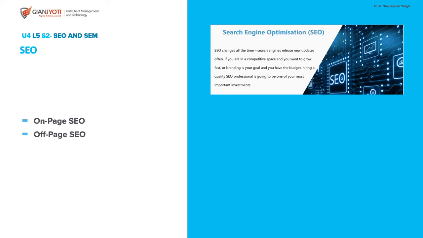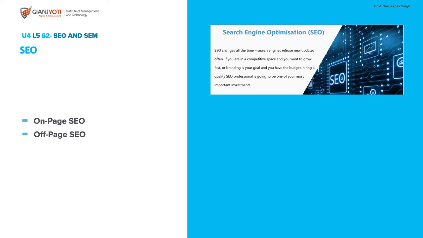That's not the case. Search engines release new updates often. If you are in a competitive space and you want to grow fast, or branding is your goal, and you have the budget, it is better to hire an SEO professional to do your search engine optimization. That is the recommendation.